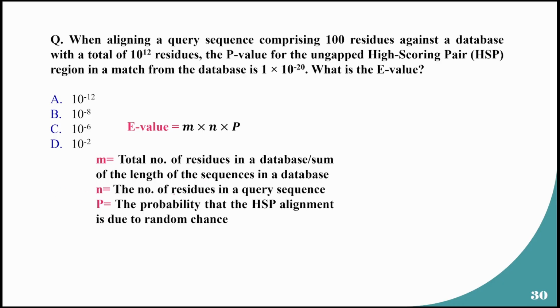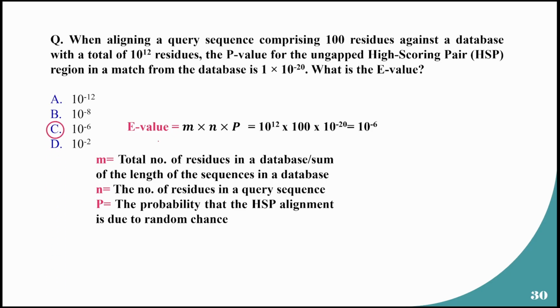N is the number of residues in the query, and P is the probability that the HSP, or high scoring pair alignment, is due to random chance. So if you multiply M times N times P, you get the E value, which will be 10 to the power 12 times 100 times 10 to the power minus 20. So it should be 10 to the power minus 6. In this case, the option should be option C.